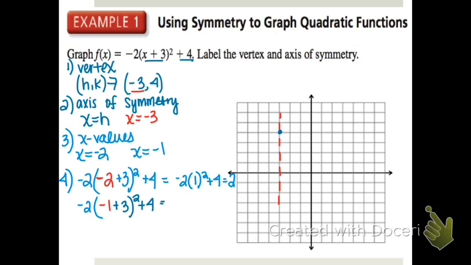So -1 plus 3 inside the parentheses is +2, and that's squared, plus 4. Which is -2 times 4, since 2 to the second power is 4. So I get -8 plus 4. I'm running out of room. Which is equal to -4.